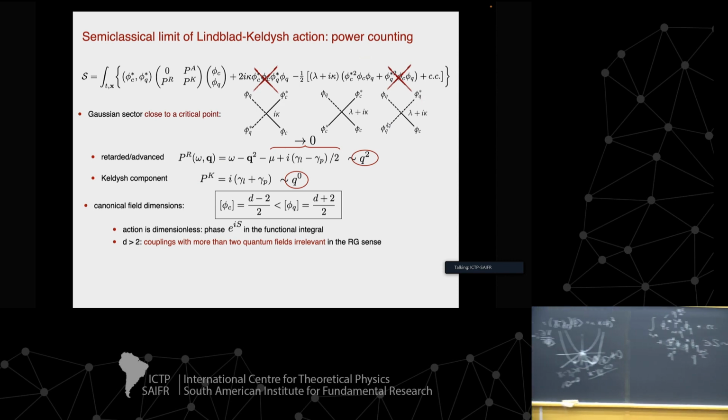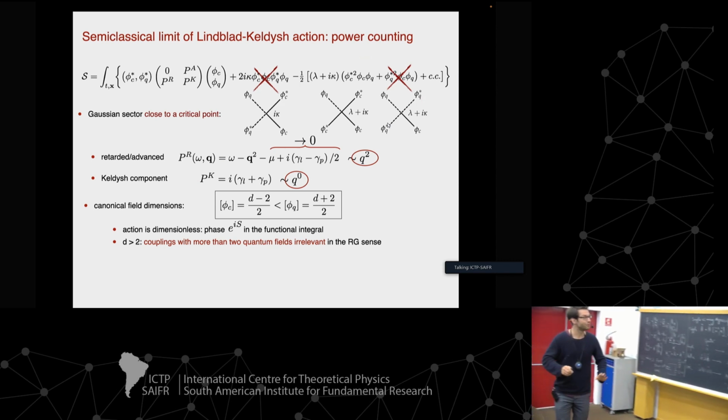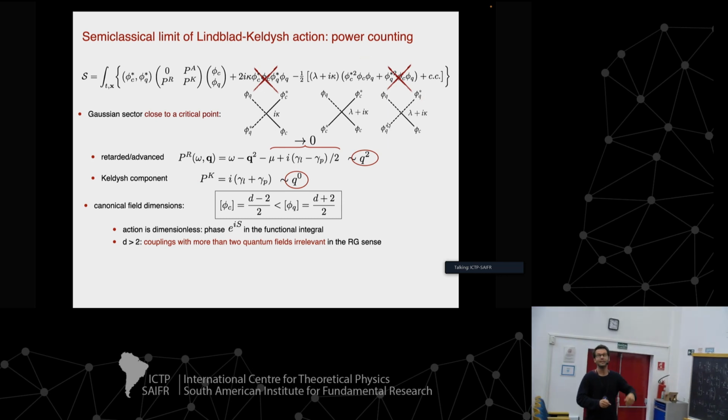So even if you don't follow, if you know RG, I think it will speak to you. If not, the upshot is that this splitting of the canonical scaling dimension of these two fields implies that the nonlinear couplings of this theory scale differently depending on how many powers of the quantum field are involved.